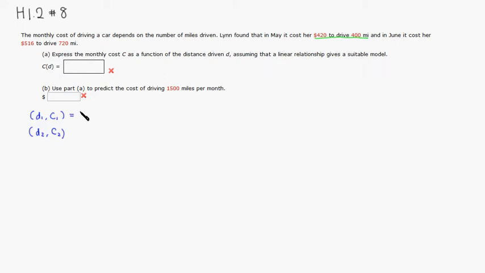D1 is 400, and its corresponding cost is 420. And D2, the distance, is 720, and the cost is 516.